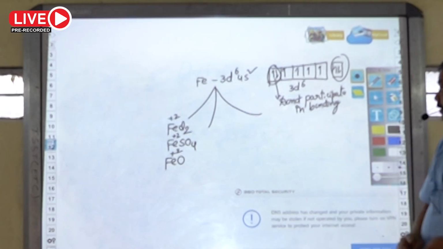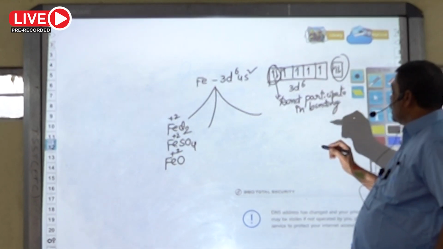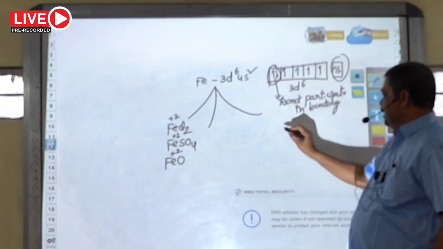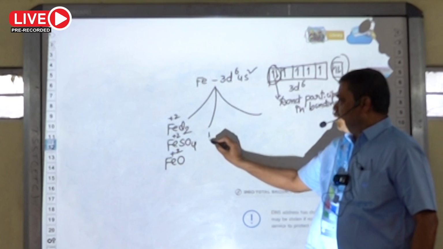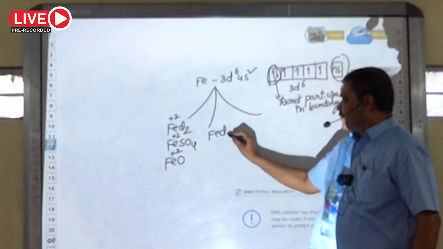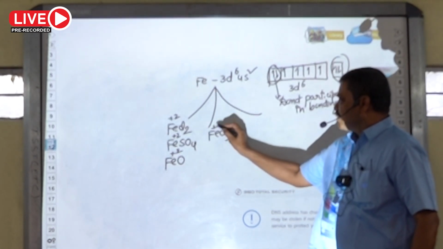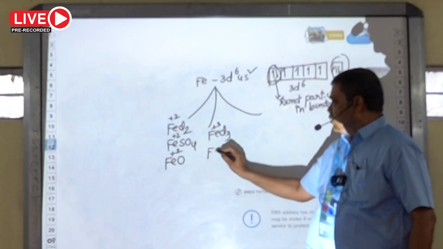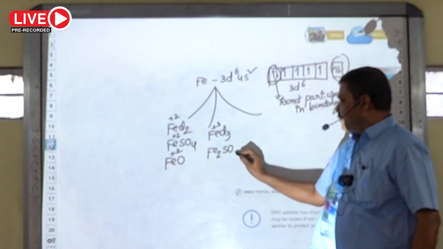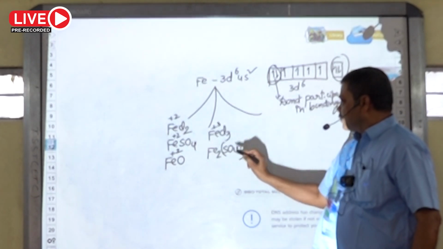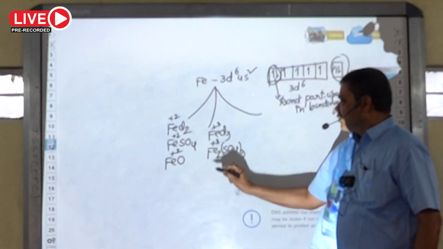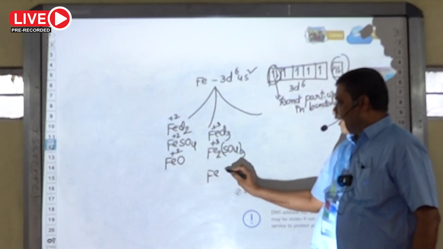Now the next one, iron can also show +3 in ferric chloride, ferric sulfate, ferric oxide.